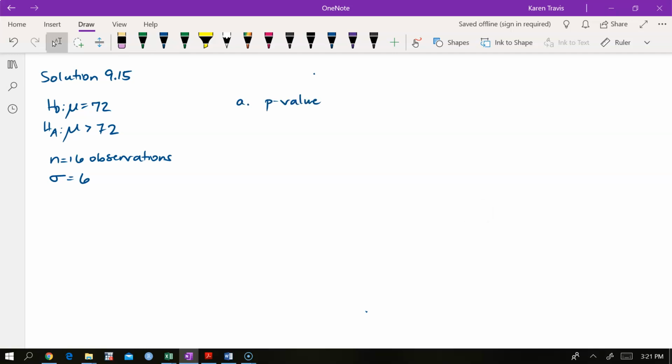So the p-value comes from first calculating the z-test, which is x bar minus mu over sigma over the square root of n. Let's see. Oh, I missed a piece here. It tells us that our sample mean was 75.2. So we're going to plug in 75.2 minus 72.